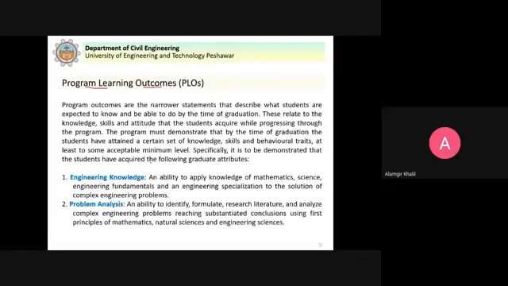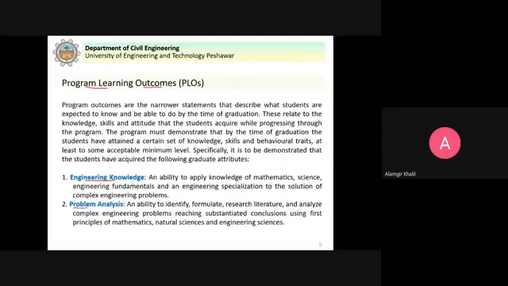So PLO1 is engineering knowledge: an ability to apply knowledge of mathematics, science, engineering fundamentals, and an engineering specialization to the solution of complex engineering problems. So you gain the knowledge. This is what it says.